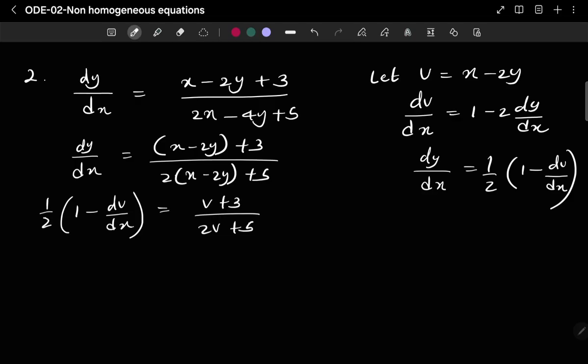So here by analyzing this, we can solve for dv over dx. So this half can be taken to the other side.